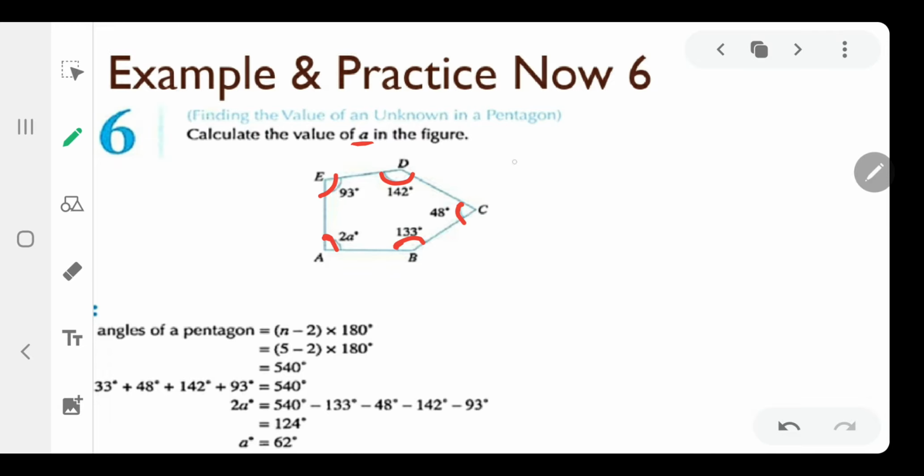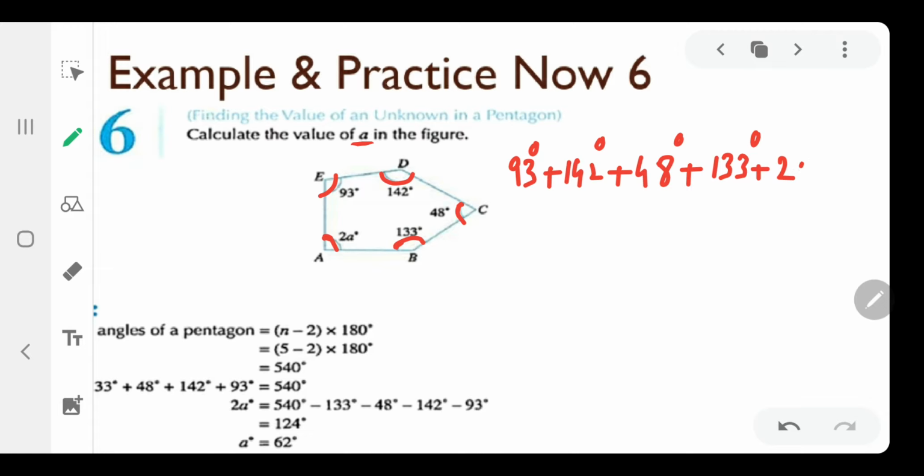So how do I do this? 93 degree plus 142 degree plus 48 degree plus 133 degree, right, and plus 2a degree, which must be equal to 540, right?